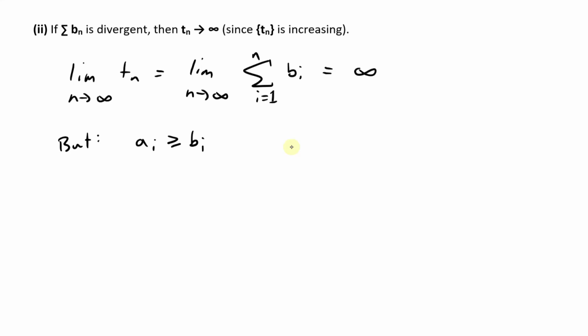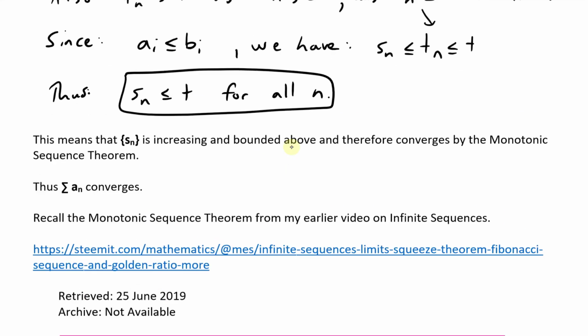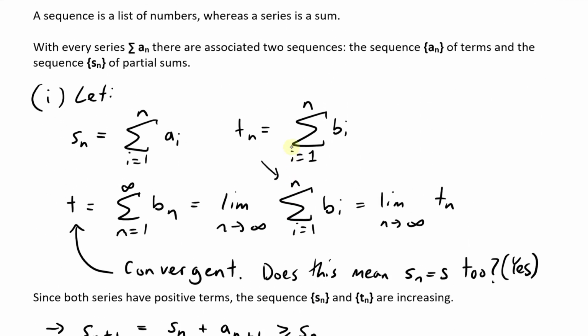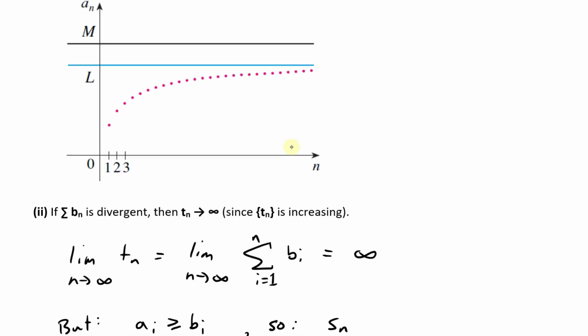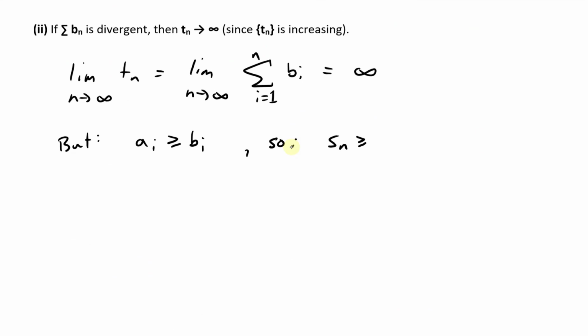So thus, what we have is Sn, which is over here. So S sub n is equal to this summation right here, where these terms are always bigger than this term, and where this is approaching infinity. Thus, this is approaching infinity, because this is greater than the Tn.